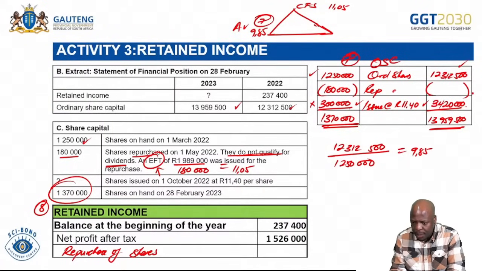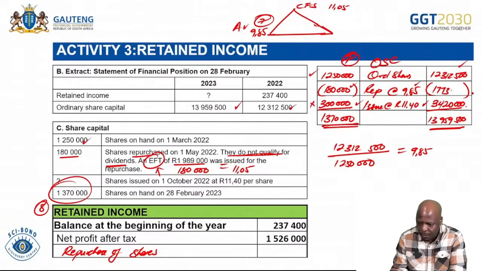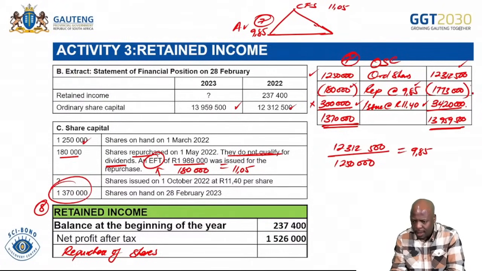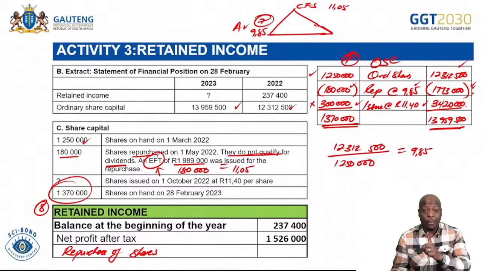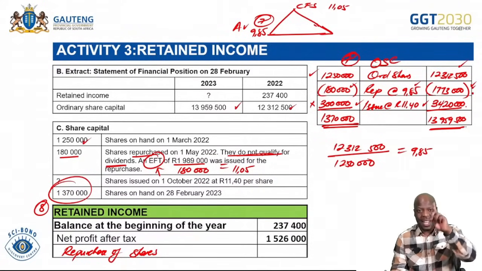So repurchased at 9 rand 85. You multiply this by 9 rand 85 and it will give you 1,773,000. Okay, can you give me a thumbs up if I'm correct? Thank you. So you get this 1,773,000. Okay, you could have got that reverse calculation again.